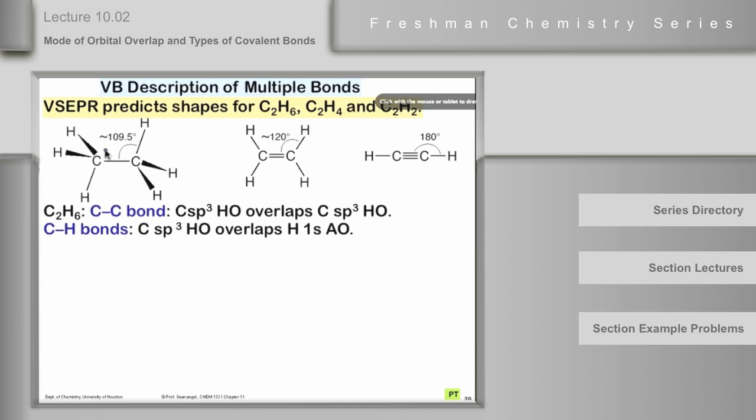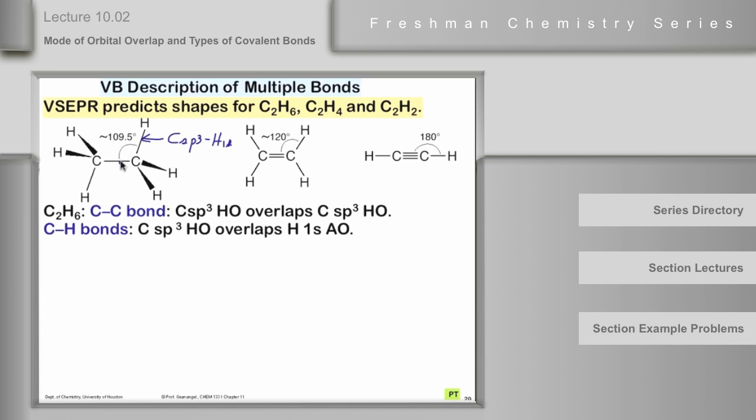So there are 2 kinds of bonds in this molecule. There are 6 carbon-hydrogen bonds. So in those, the carbon sp3 orbital overlaps the hydrogen 1s. So if we looked at that bond right there, that would be carbon sp3, hydrogen 1s.